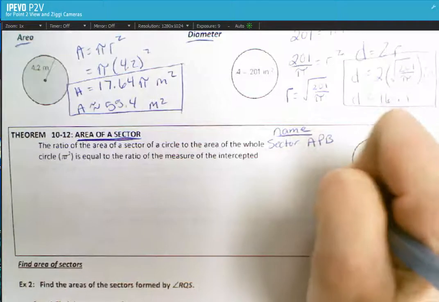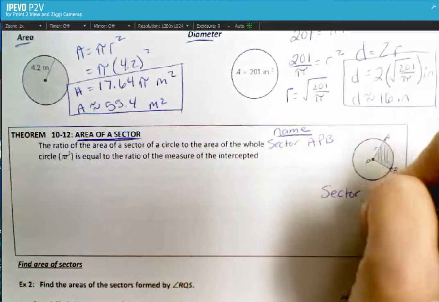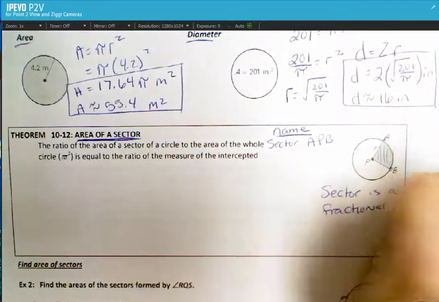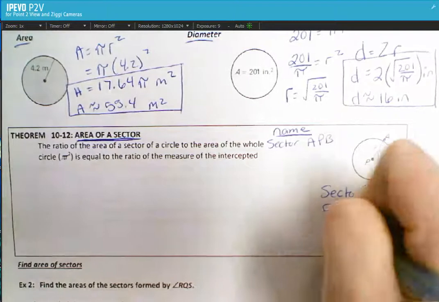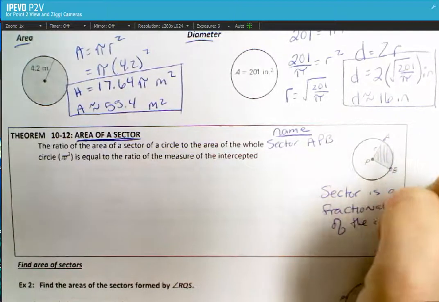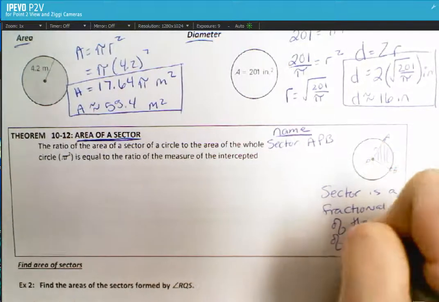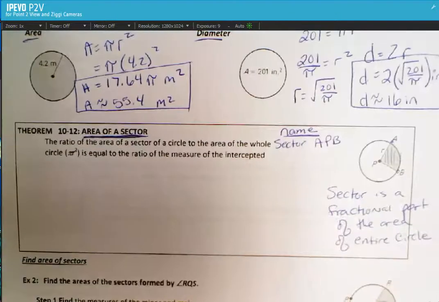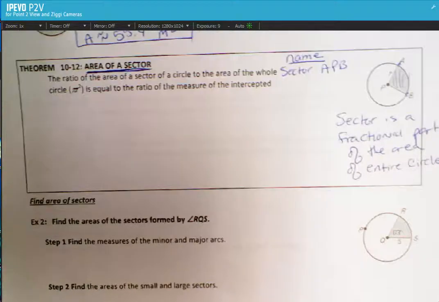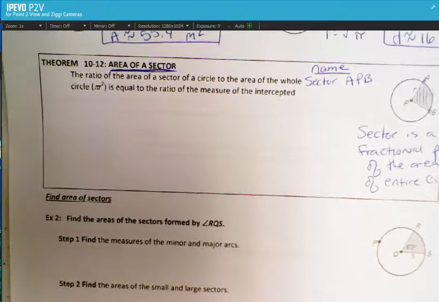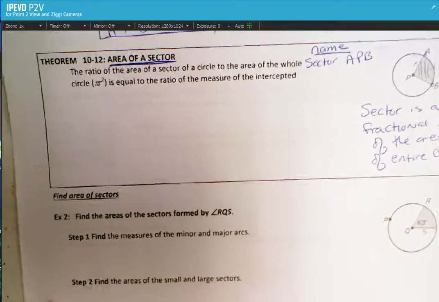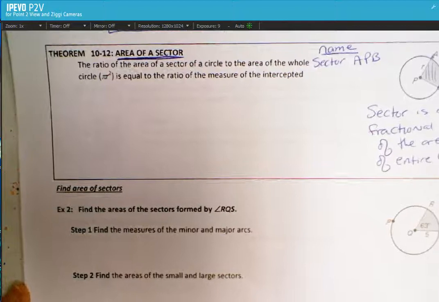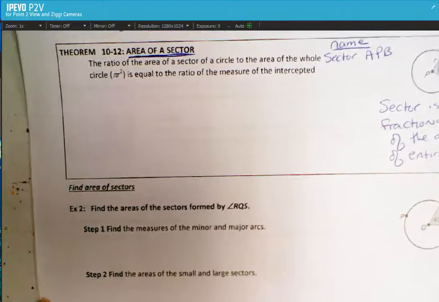We also know that a sector is a fractional part of the area of the entire circle. So it's a fractional or proportional part, a ratio of the entire area. We looked at this when we were looking at segments yesterday. So let's see what the formula is.